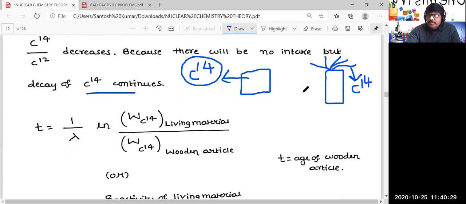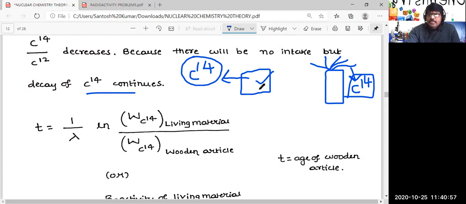In this wooden article also we are expecting the same amount, but this particular material was separated from the plant t years before. It may be 10 years or 20 years or 30 years. So once it is separated from the plant, it will not have any life.